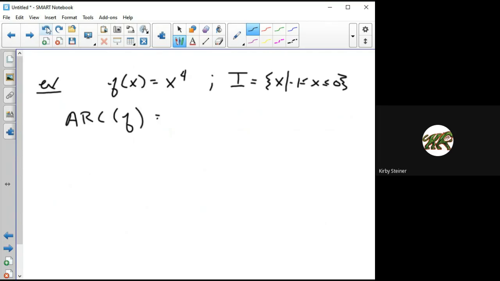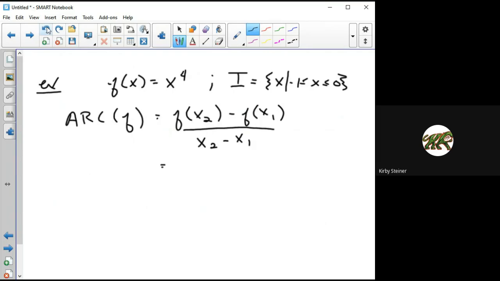Step 1 is always to plug in our definition: f of x2 minus f of x1 over x2 minus x1. And now we just have to plug in.